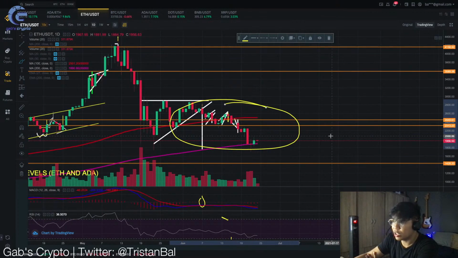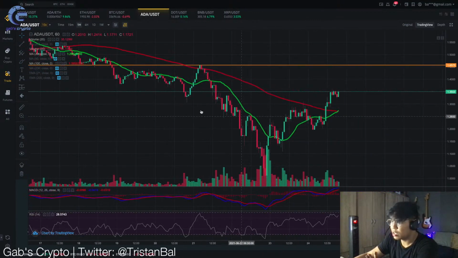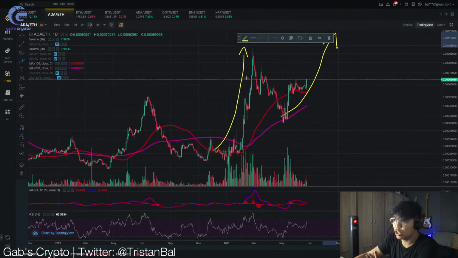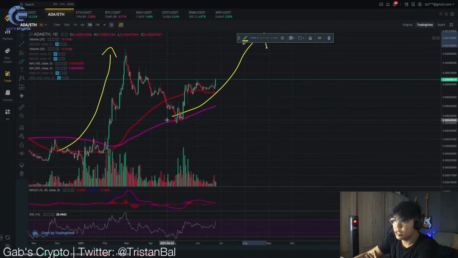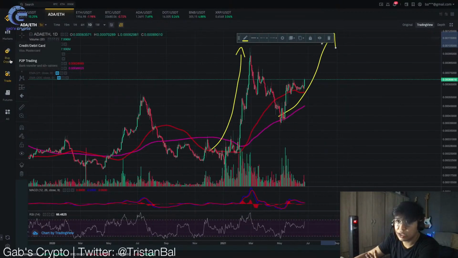So the more na mag-consolidate si Ethereum, the more na magpa-pump si Cardano. And this one actually checks out sa actual data natin, which is the Cardano to Ethereum dominance. So makita mo na si Cardano is currently performing better against Ethereum, and we have been seeing that one play out different times.